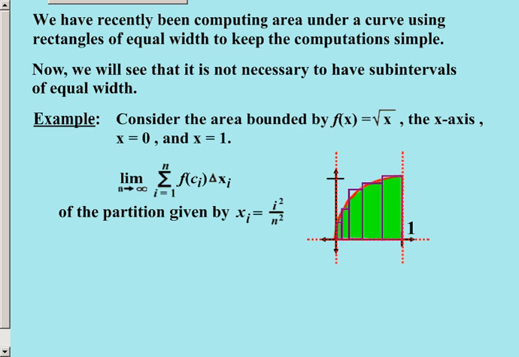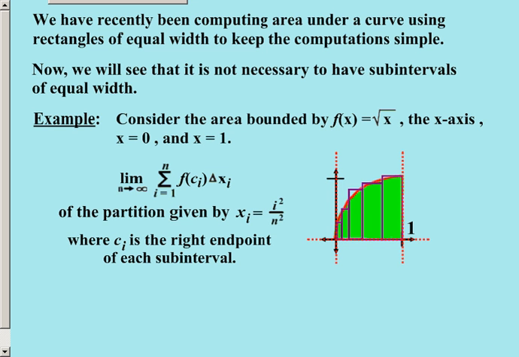Now this is similar to what we've been working with as far as i over n, but by squaring them, as we progress further along within the domain, the bigger the x value, you get an exponential increase as far as how far we're traveling within the domain. So that's going to allow us to have these ever-changing sizes of intervals as we move through the bounded area.